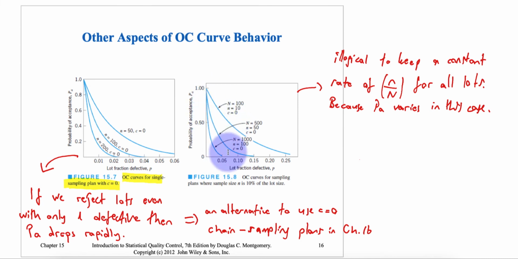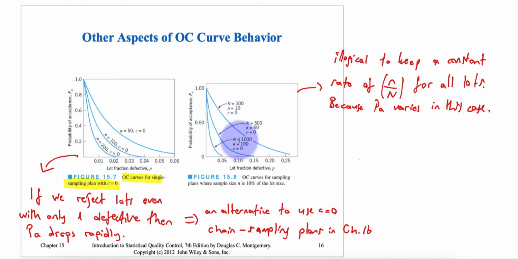And in this second graph, maybe you are going to notice that the proportion of the lot size and sample size is equal for each curve here. So the lot size is 10 times the sample size. The lot size is 100 and the sample size is 10, and here the lot size is 500 and the sample size is 50. So the proportion is 10 here, and 10 here, and 10 also here.